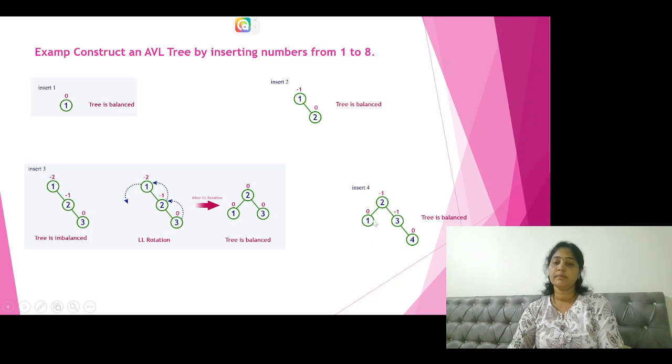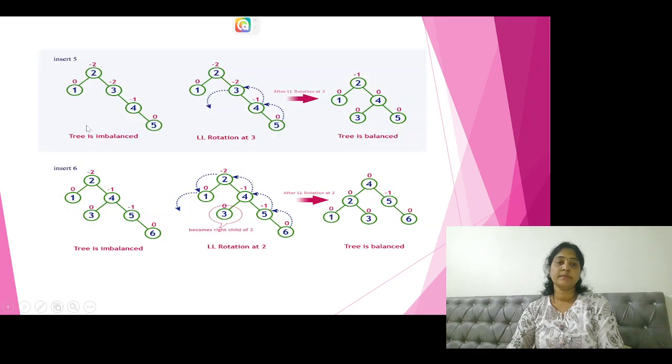Insert 4. Whenever you are trying to insert, compare with the root node. 4 is greater than 2, right side. 4 is greater than 3 also, again right side. Check the balance factors. Similarly 5. Whenever you insert 5, the balance factor of 3 is -2. Always when it is violating the balance factor rule, first you have to set right the child nodes, then you can set the root node.